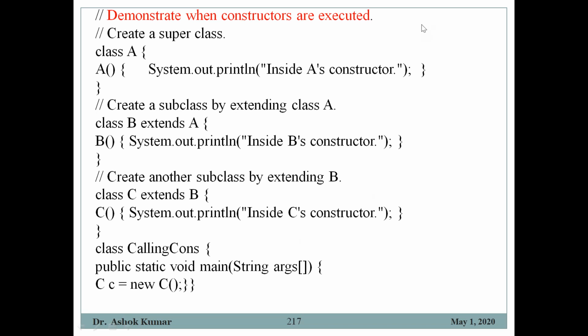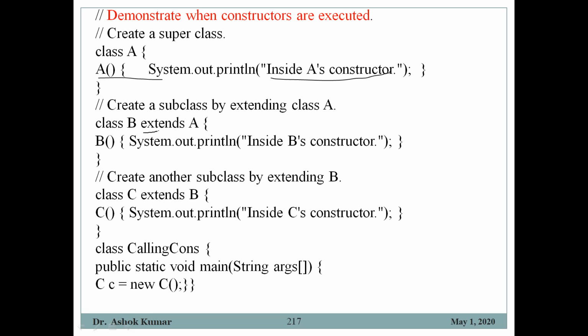So in this example, we have 3 classes, and in every class we have one non-parameterized constructor. In class A, this is the non-parameterized constructor, and when it is called, it will print this message inside a constructor.